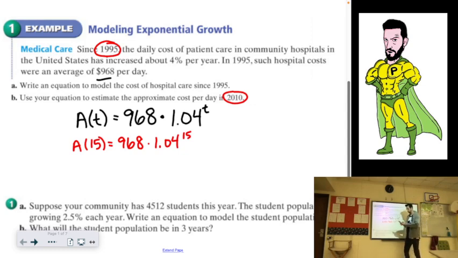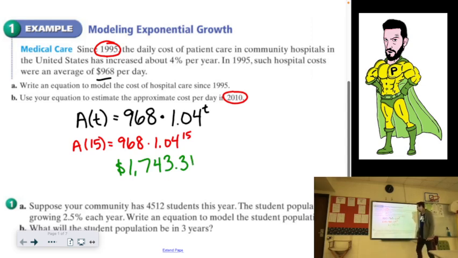We can go ahead and just multiply that by the 968. We get 1743 and some decimals. We're talking money here, so we'll round to the nearest hundredth. So we'll say $1,743.31. Great, that wasn't even that bad.